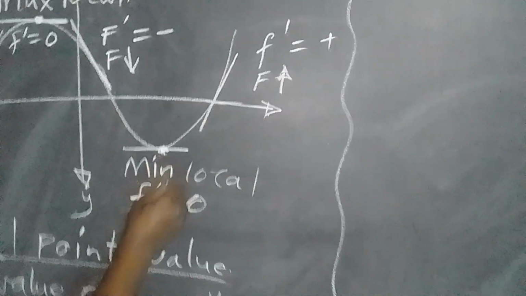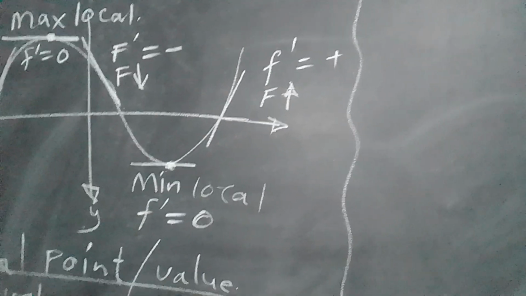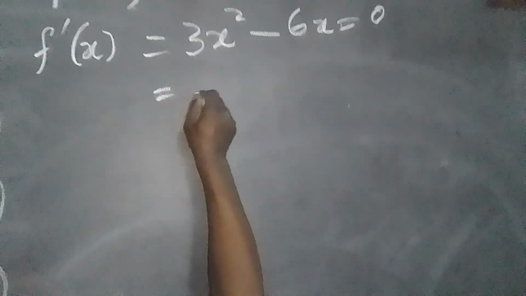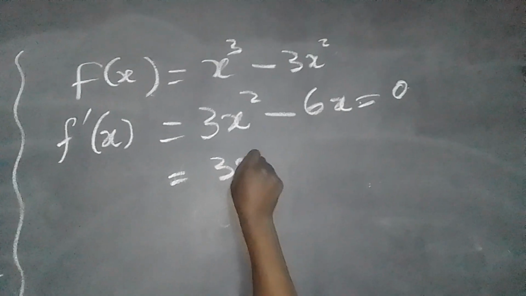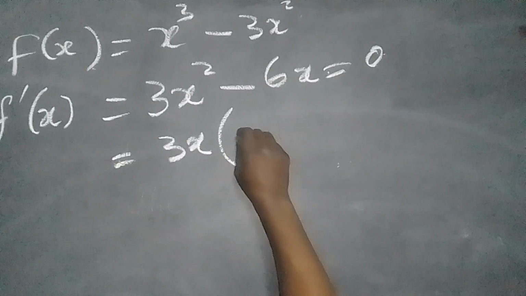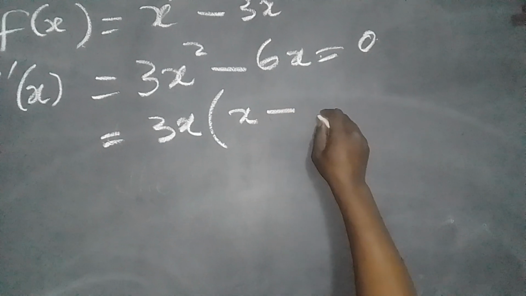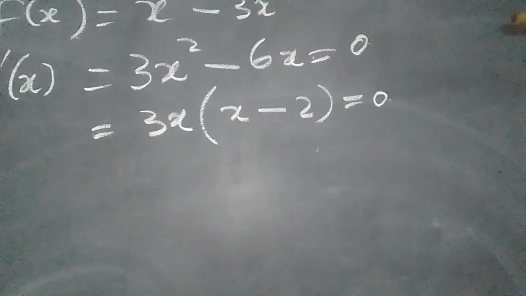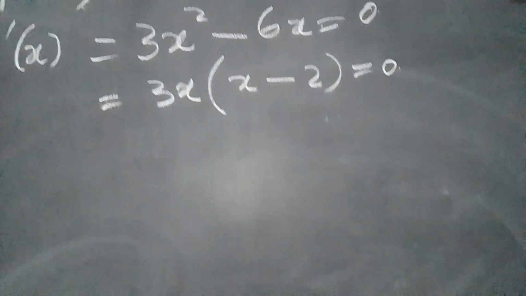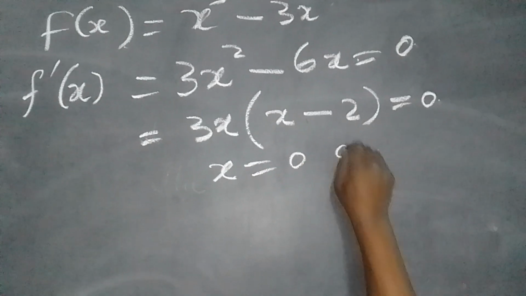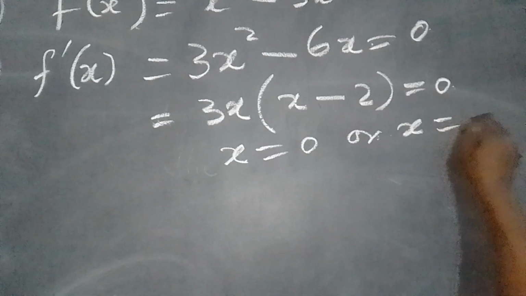So at this point, our first derivative is equal to 0. Now if we find the value of x, let's say we take out the common factor of 3x, here we are left with x minus 2 is equal to 0. Now the value of x here is x equals 0 or x equals 2.